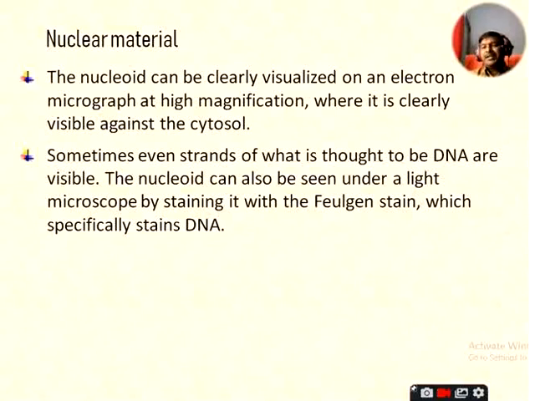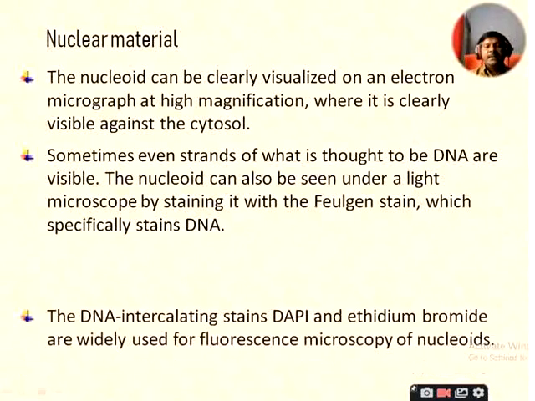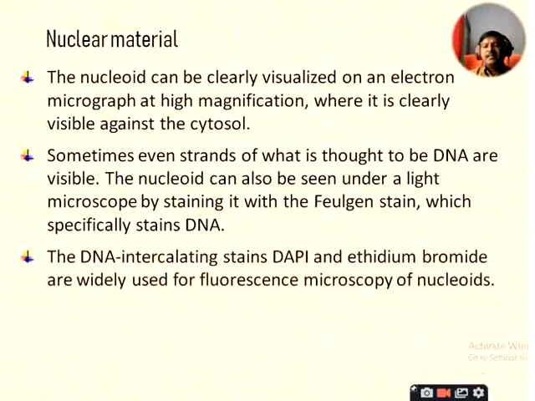The nucleoid can also be seen under a light microscope by staining it with the Feulgen stain, which specifically stains the DNA. The DNA intercalating stains, that is DAPI and ethidium bromide, are widely used for fluorescence microscopy of nucleoids.